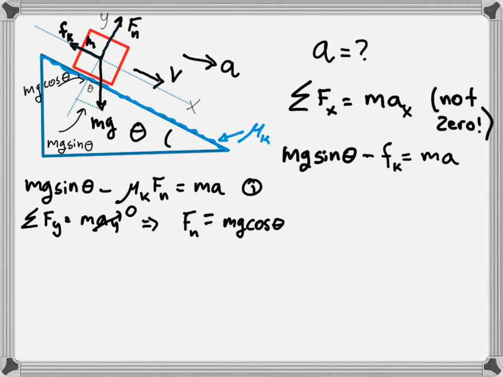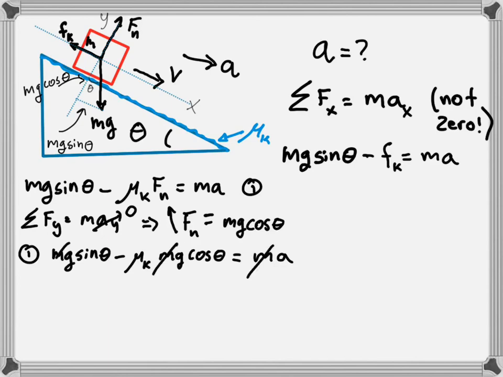So Fn equals mg cosine theta, which we can replace there, and we get the equation mg sine theta minus mu k times the normal, but the normal is mg cosine theta, equals ma. Notice that every term in this equation has a mass, so we can divide everywhere by m, canceling it. And we can write that the acceleration of that sliding block is g sine theta minus mu k g cosine theta. And we're pretty much done.